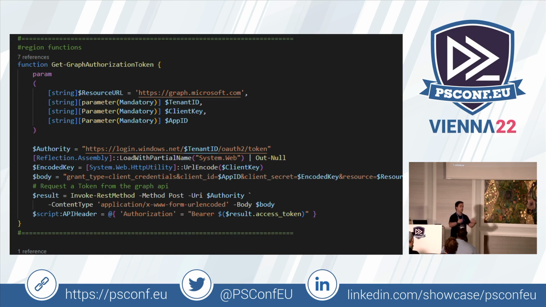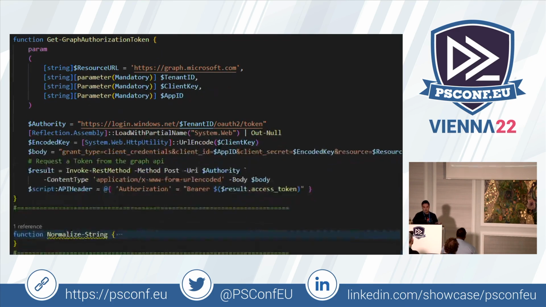Who do we ask and say, please give us a token? I want to authenticate, please let me in. I have the right key. And the rest is build the URL we have to query and invoke REST method and fire up against Azure AD and say, hey, give me a token. That is what this function does.